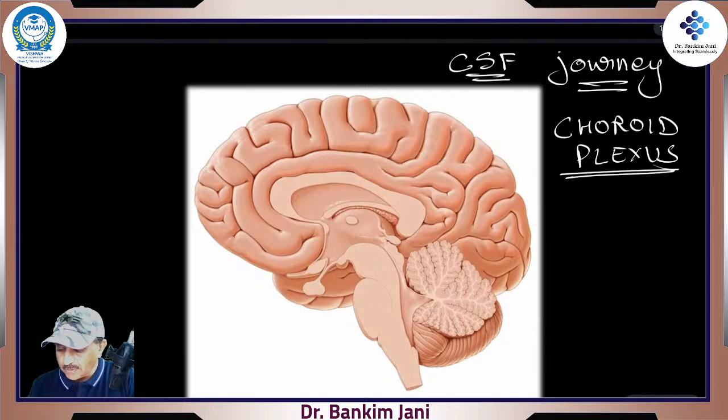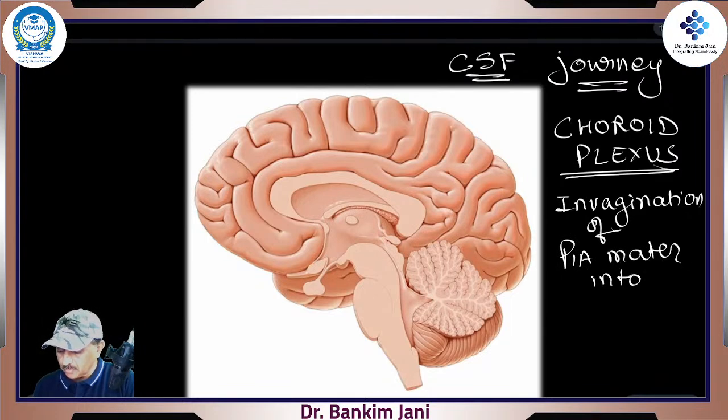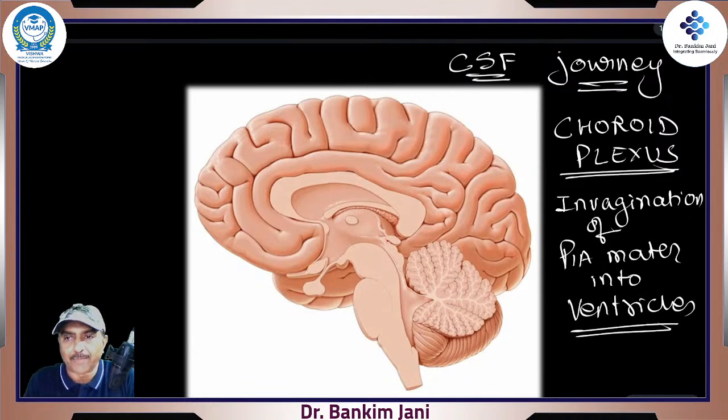So see the conceptual thing. There are two components of the choroid plexus. We first write what it is: invagination of pia mater into the ventricles. That's the choroid plexus.